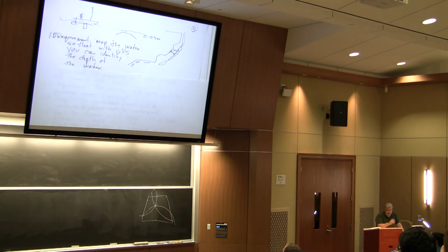The only problem is that in the Sound, which is the area of water between the outer islands, what they call the Outer Banks, and the mainland, the depth varies greatly. It could be as deep as 40 feet, it could be as shallow as 0 feet. It could be a little outcropping of rock or something like that.